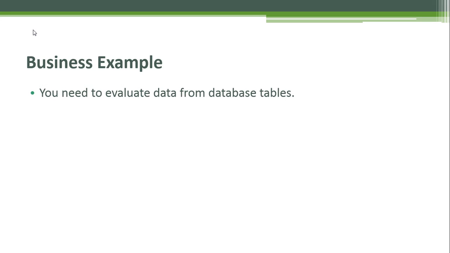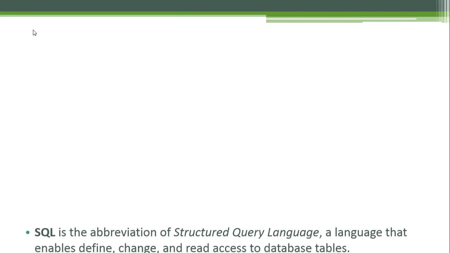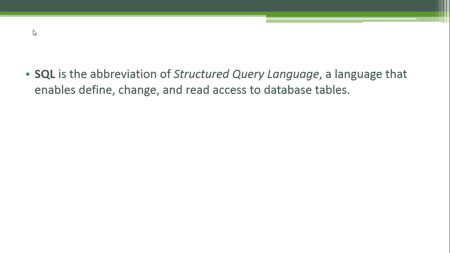Business example. You need to evaluate data from database tables. Database access. SQL is the abbreviation of Structured Query Language, a language that enables define, change, and read access to database tables.